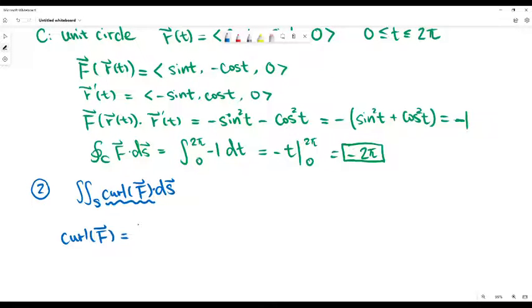So remember, to find the curl of a vector field, we look at the i, j, k components, right?